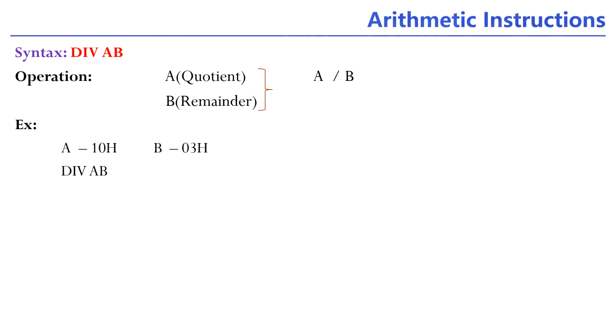The instruction we use here is DIV AB. The accumulator will store the quotient, that is 05, and the remainder 01 will be given in the B register. The overflow flag is 1 if the B register is 00. Remember?